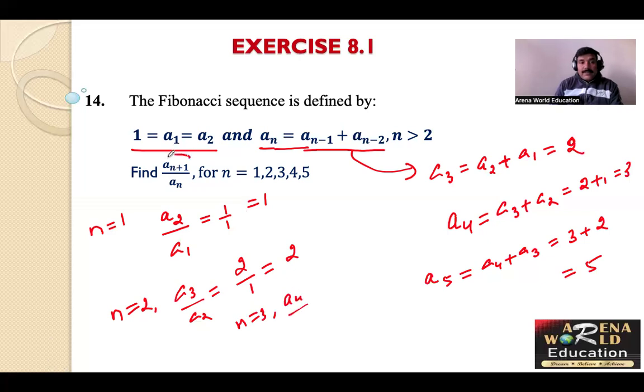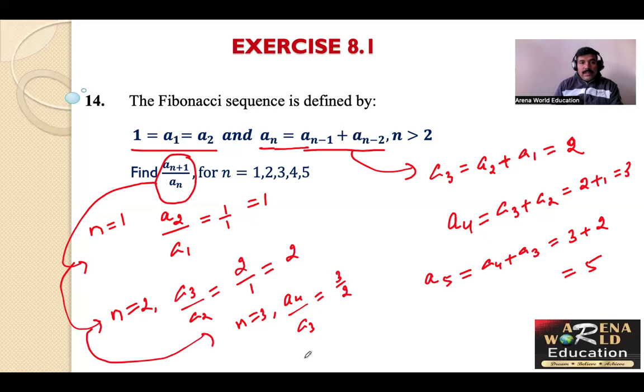I'm substituting here, don't get confused. So n equal to 3 means a4 upon a3. And what is a4? a4 is 3 and a3 is 2. Then n equal to 4, a5 upon a4. What is a5? a5 we have already calculated as 5. So then 5 upon 3.